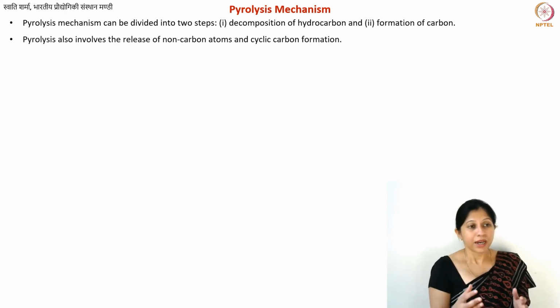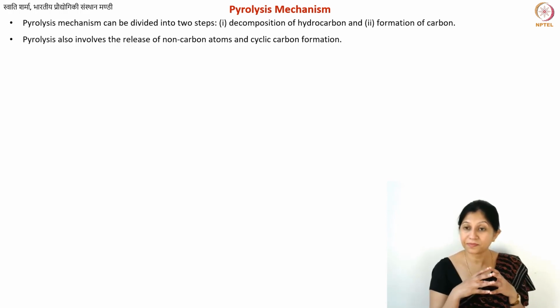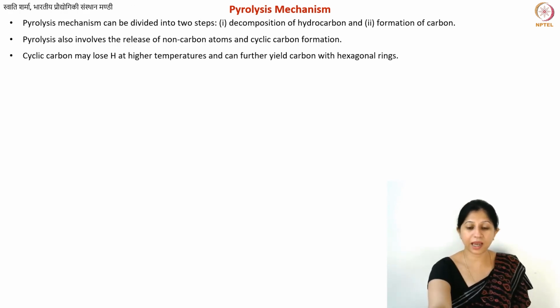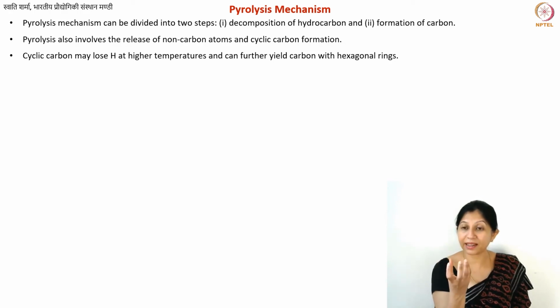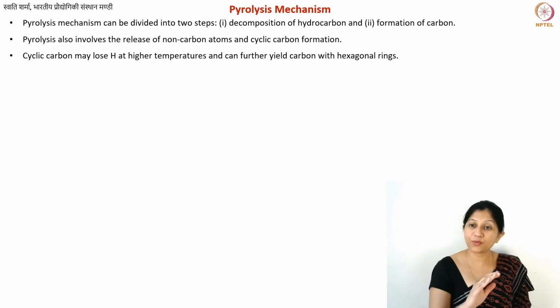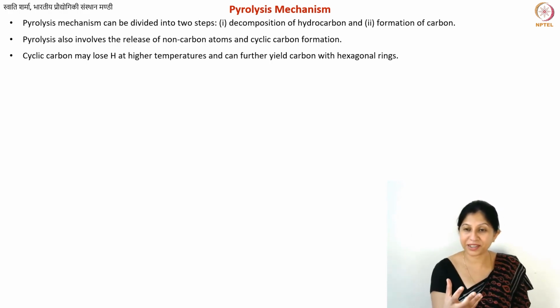Now, this will depend very strongly on the nature of the precursor. But I have just taken a simple example of benzene, not a very complicated hydrocarbon, because you can see how the benzene rings split, and then they form a radical, and then this radical can lead to a number of different cyclic structures, which will then lose their hydrogen at higher temperatures, and then they will yield carbon which has those many rings.